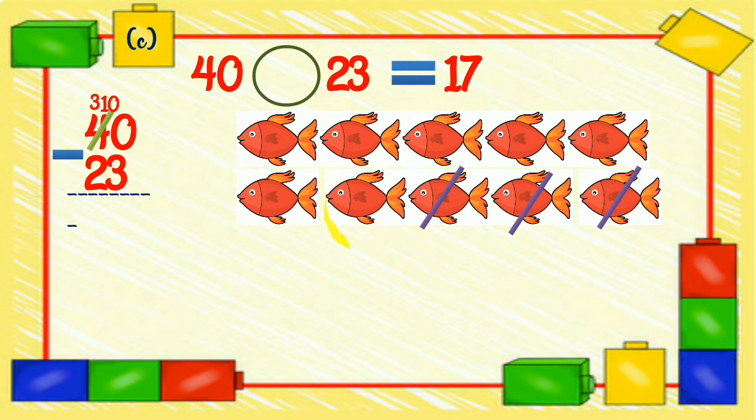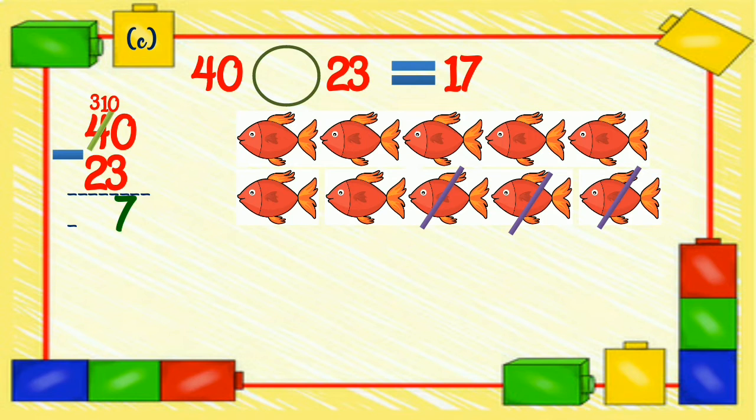Now we count them. 1, 2, 3, 4, 5, 6 and 7. So we have 7 fish. Now we write a 7. 10 minus 3 is equal to 7.